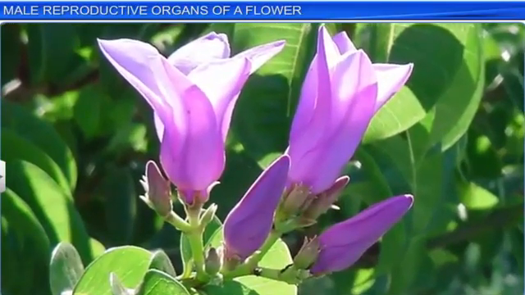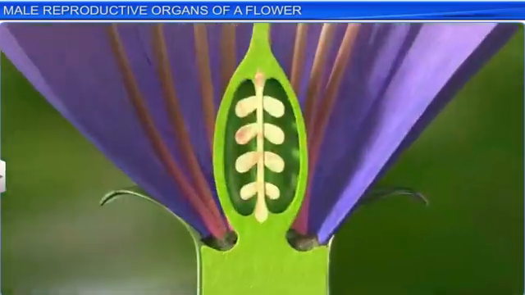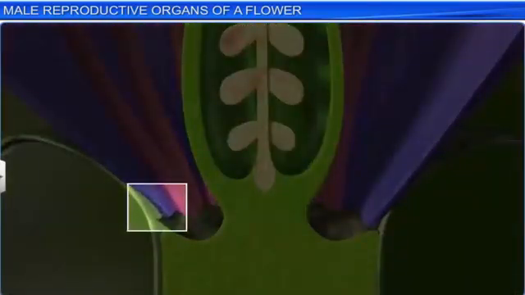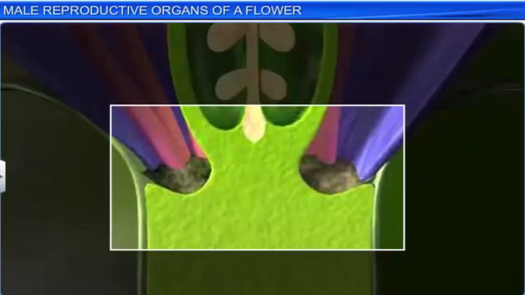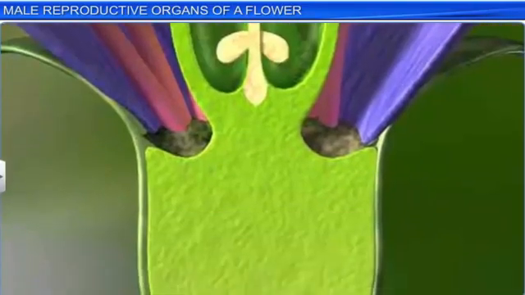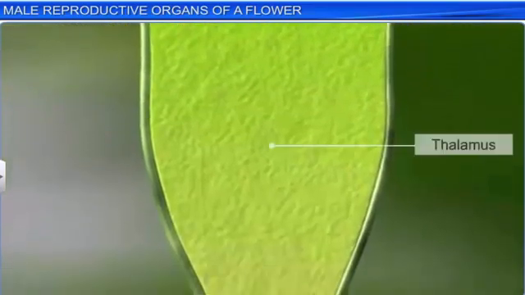The buds bloom into a flower, a modified shoot with shortened internodes and nodes. From these nodes arise four modified leaf-like structures called whorls, which are arranged on the swollen end of a stalk called the thalamus.